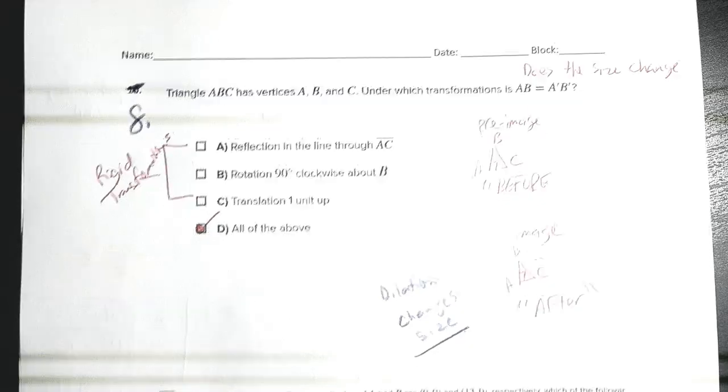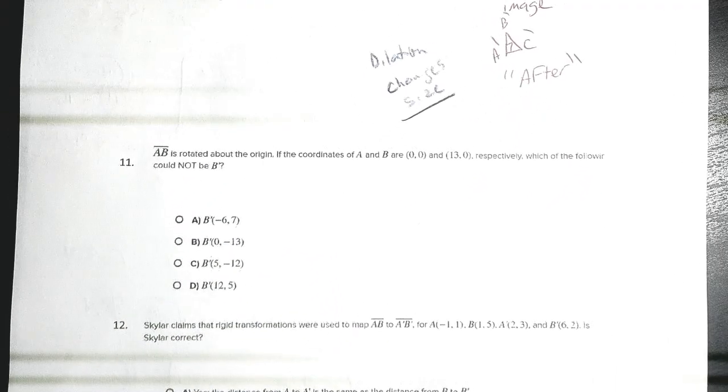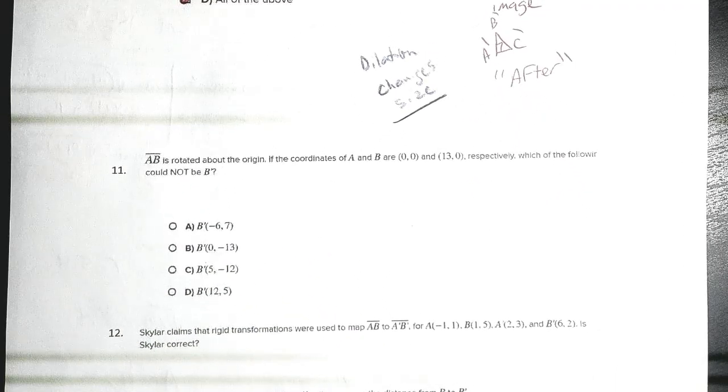Let's flip down. All right, number 11. Line segment AB is rotated about the origin. If the coordinates for A and B are 0, 0, and 13, 0 respectively, which of the following could not be B? Okay, so a couple of things we need to talk about before we go any further.